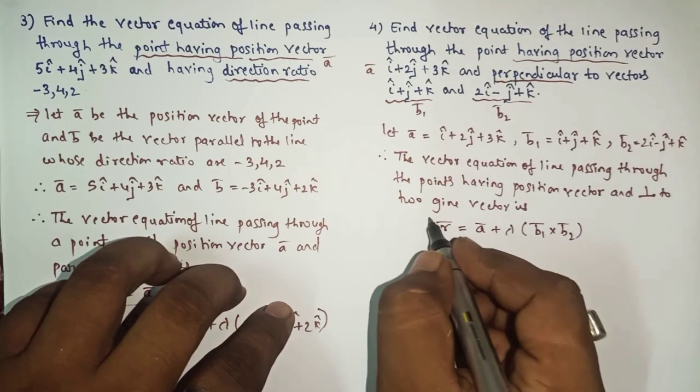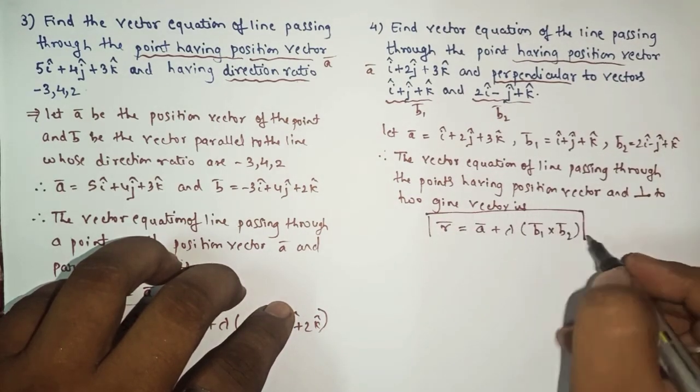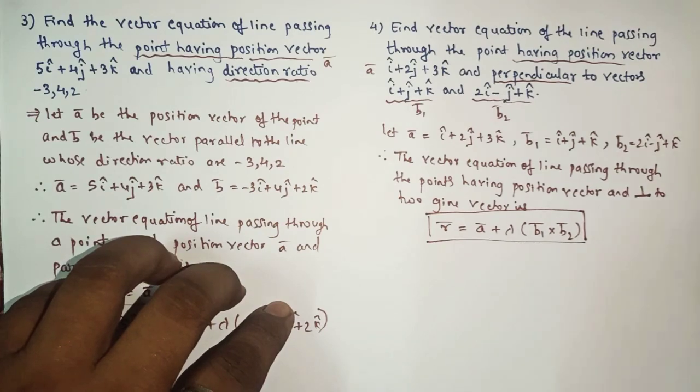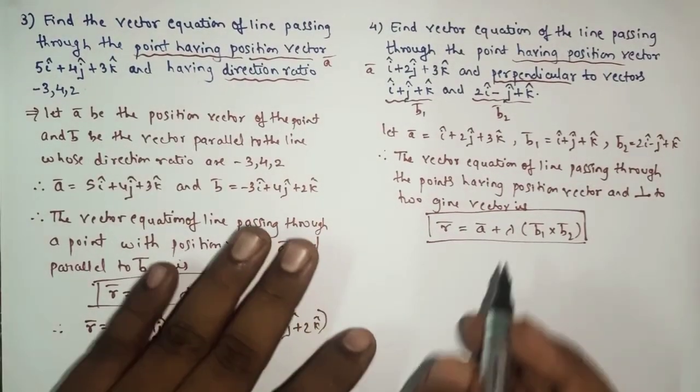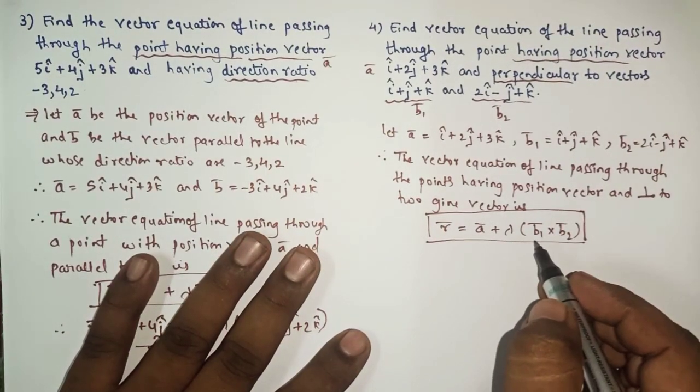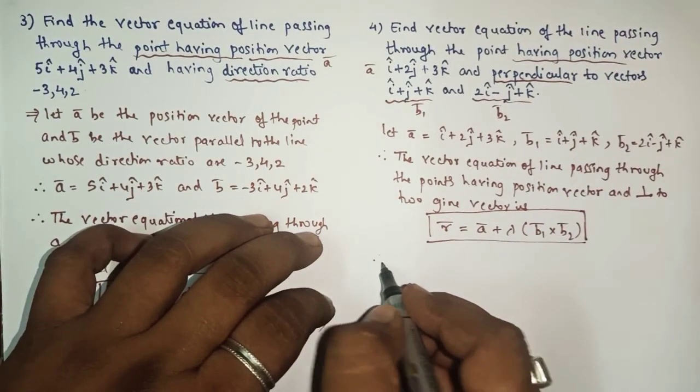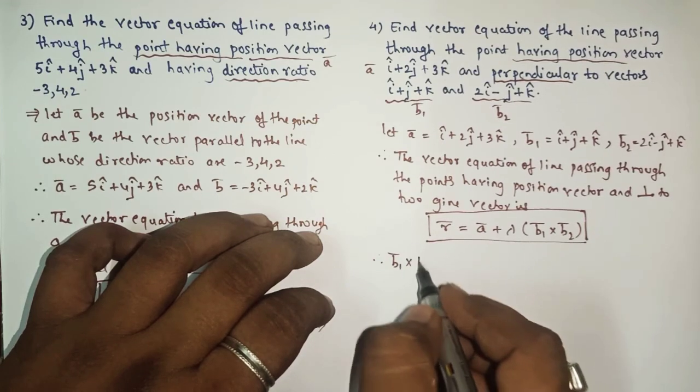Yes or no? So this formula we have to apply for the fourth question. As here we have a bar and we require b1 cross b2, first we'll find b1 cross b2.